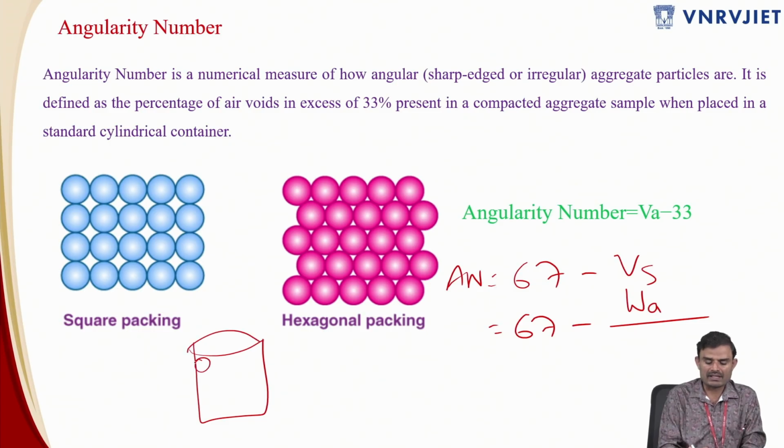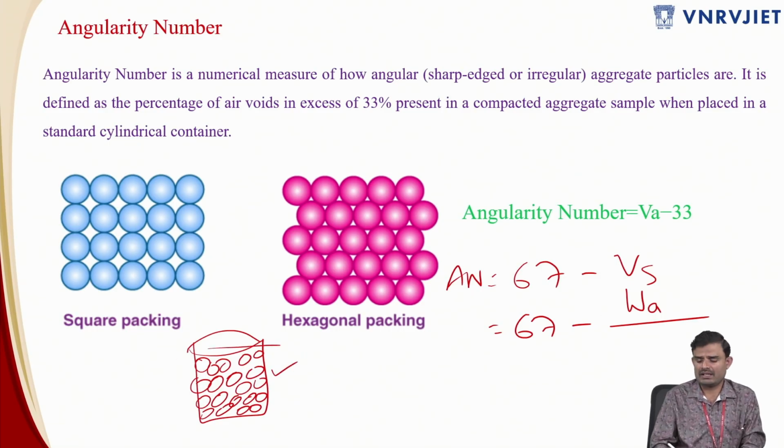You have to fill the aggregate particles entirely to the brim, not too much compacted, just like that. Of course these aggregate particles are not spherical, so there can be anything; for simplicity I have represented them like this. The weight of the aggregate particles filling this cylinder, divided by the weight of the water and followed by the specific gravity of that aggregate, will give rise to the angularity number.